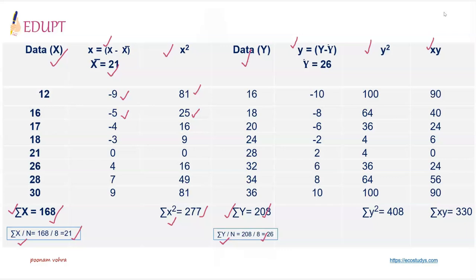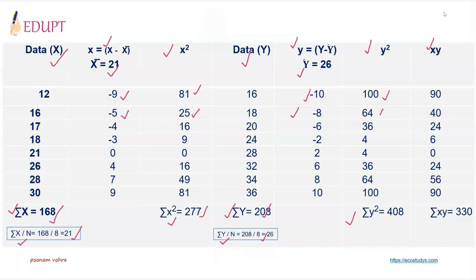Find deviations from the actual mean, 26, and you get the values: 16 minus 26, minus 10; 18 minus 26, minus 8; and so on. Square up the deviations: minus 10 into minus 10, 100; minus 8 into minus 8, 64; and so on. Have the summation of squared deviations, sigma y square, as 408.